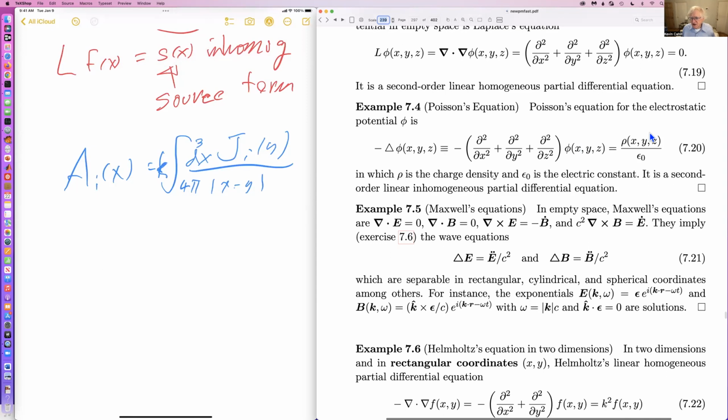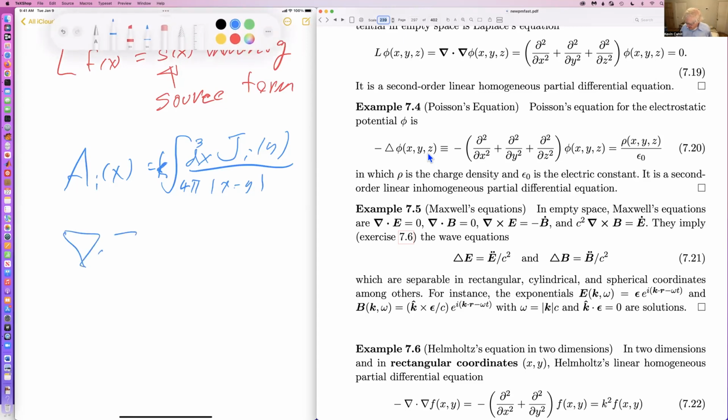All right, let's go to Poisson's equation. This is basically Gauss's law. When we think of it as Gauss's law, it's del dot E equals rho over the electric constant. And this is a Maxwell equation in which there's no time variable. In other words, in this derivative, there's no dt.